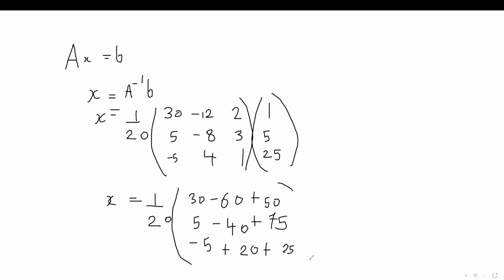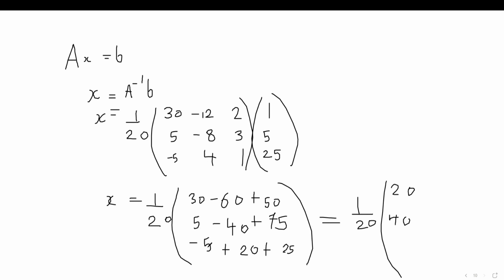So what this works out to is 30 minus 60 is negative 30, plus 50 is 20. So we have 1 over 20 multiplied by 20. Then 5 minus 40 is negative 35, plus 75 is 40.